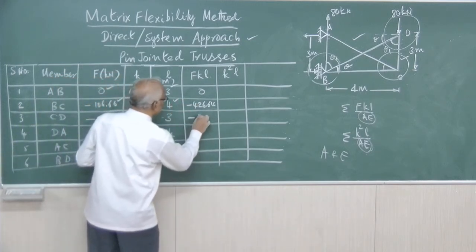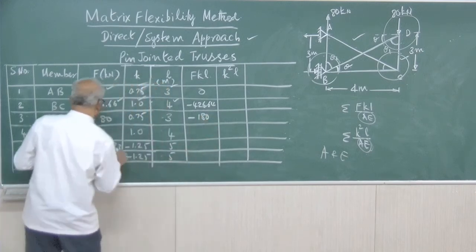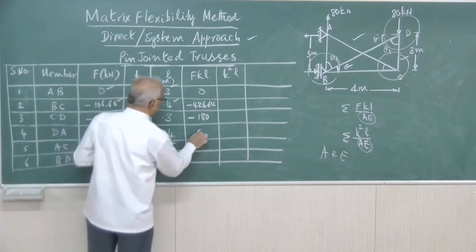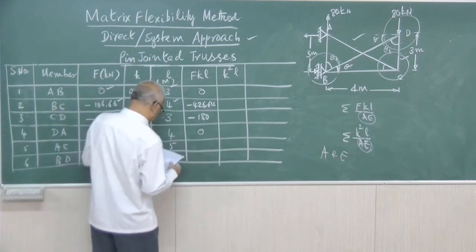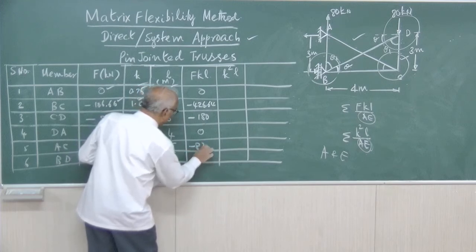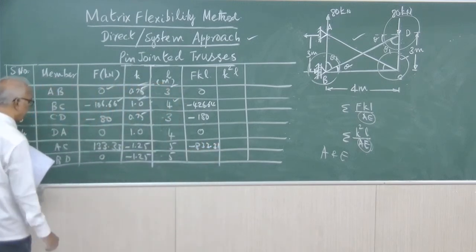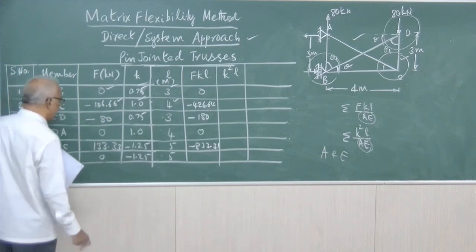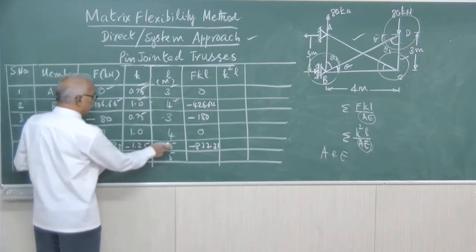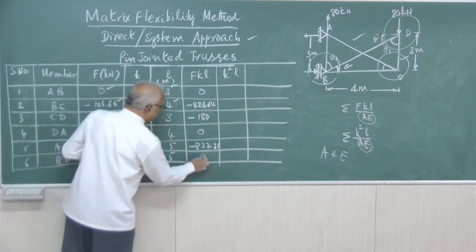This is minus 180. Again, this is 0. Then minus 833.31, on multiplying 133.33 into minus 1.25 into 5. Now here F is 0, therefore this value is 0.